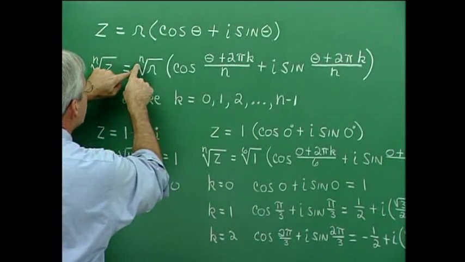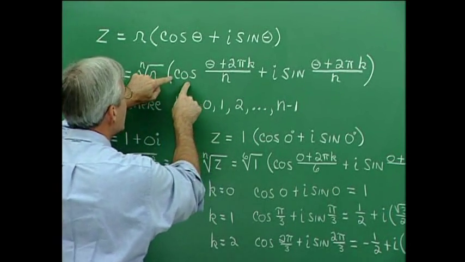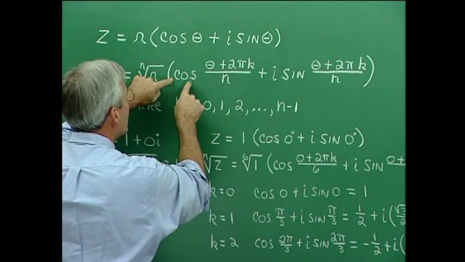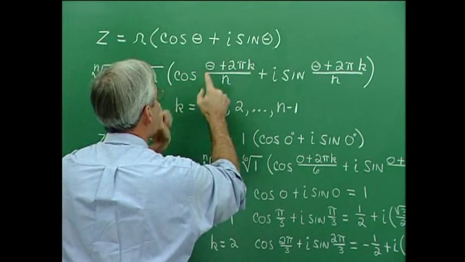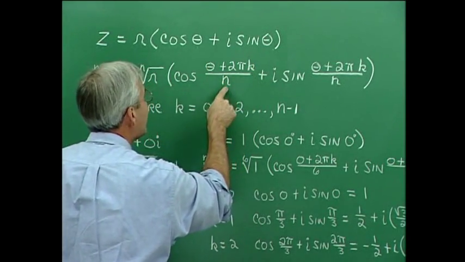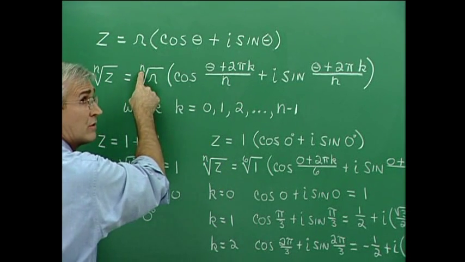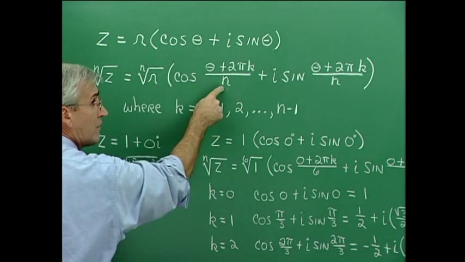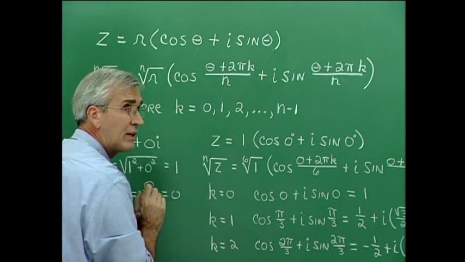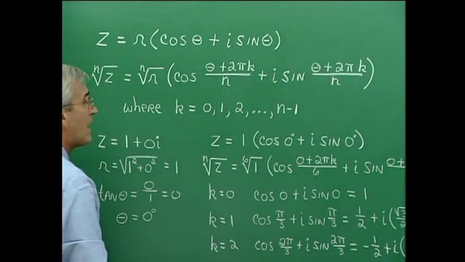It is the nth root of r times cosine of this fraction, theta plus 2 pi k, over n. I'll tell you about k in a minute. Now the n is the same as this nth root business. If it was the 4th root, that would be a 4, 6th root, that would be a 6, and so on. And then the same fraction occurs over here with sine, as we might expect.